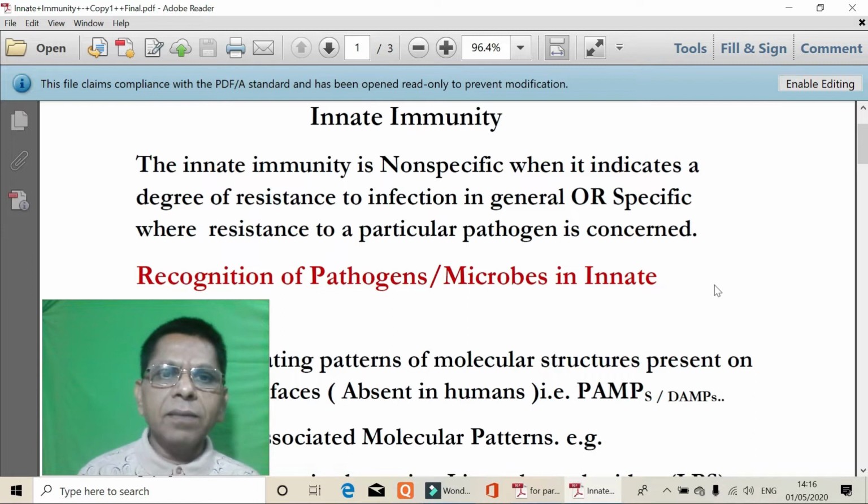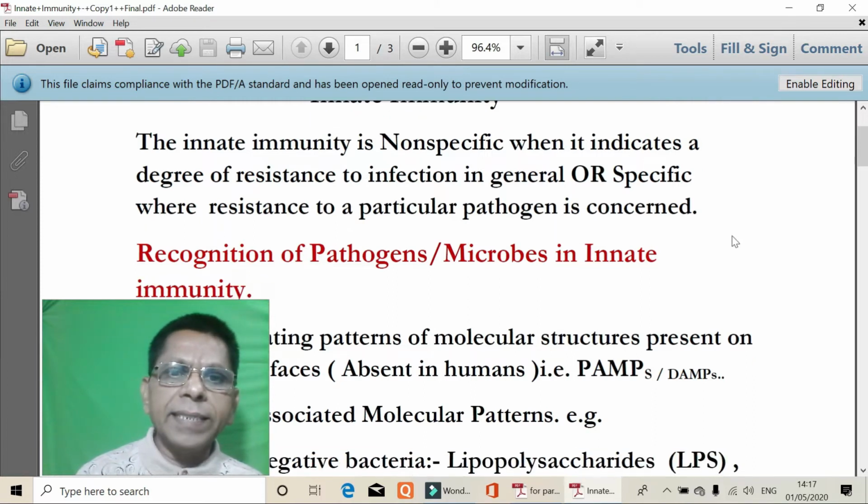It means that the author is trying to explain the dual nature of the innate immunity system, that it is non-specific as well as specific. Now how can we say that the innate immunity system is specific? We study this small concept.